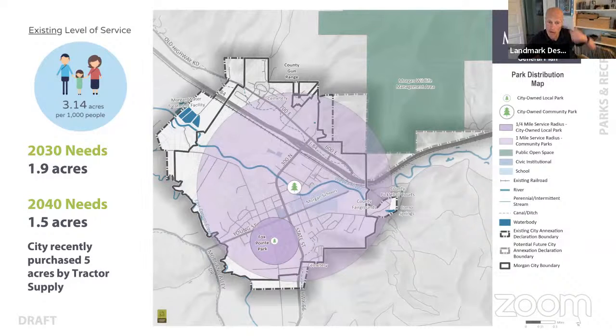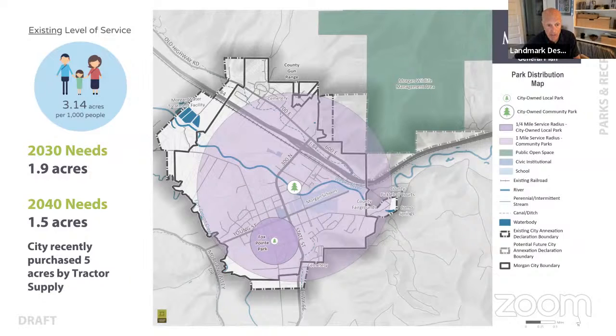Parks and recreation, from a parks point of view, as was mentioned, we have the two parks in the city. For the future, you're not going to need a whole lot to meet your current level of service.